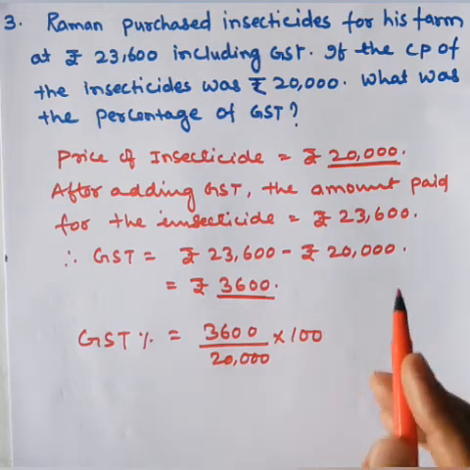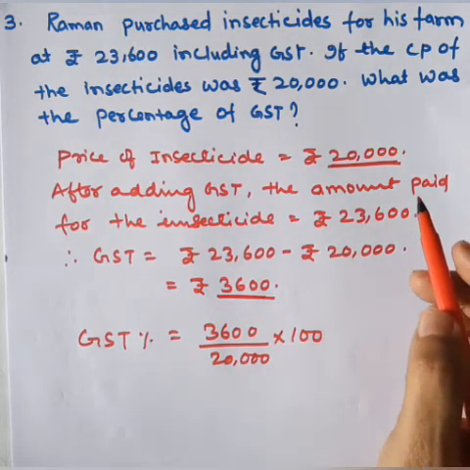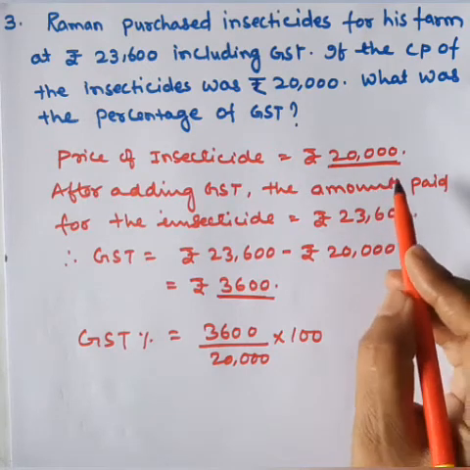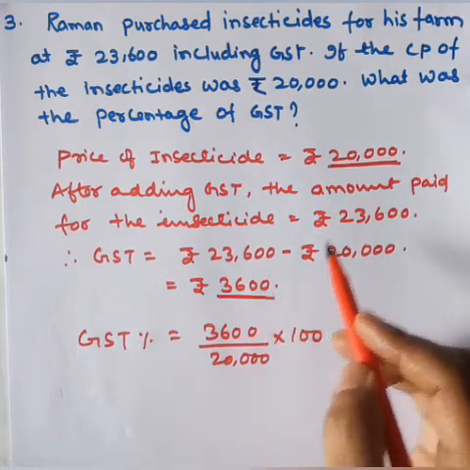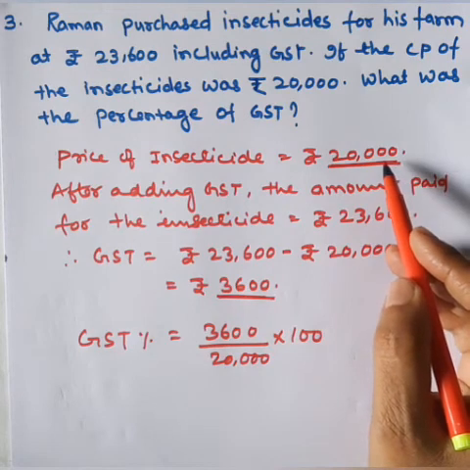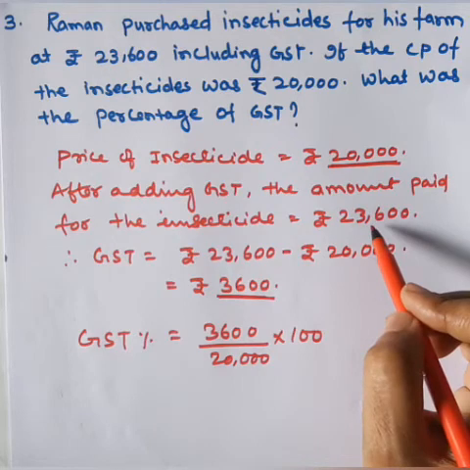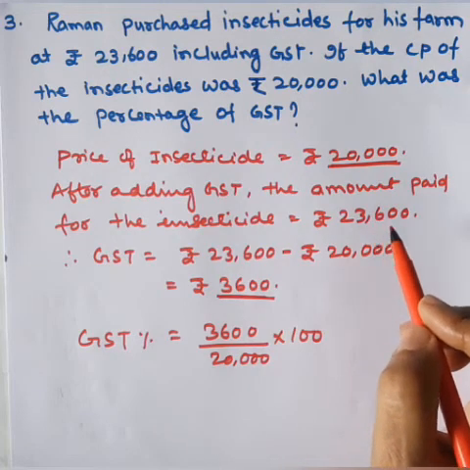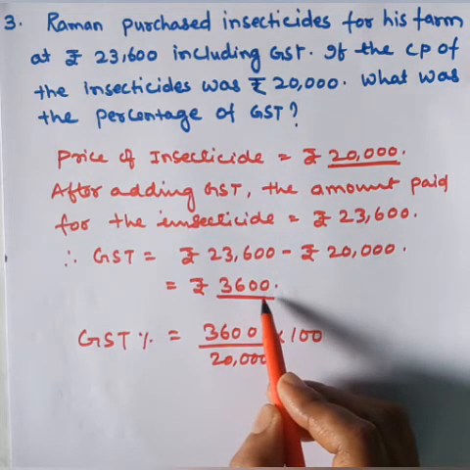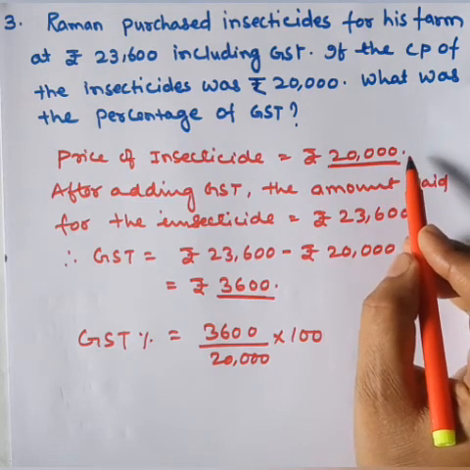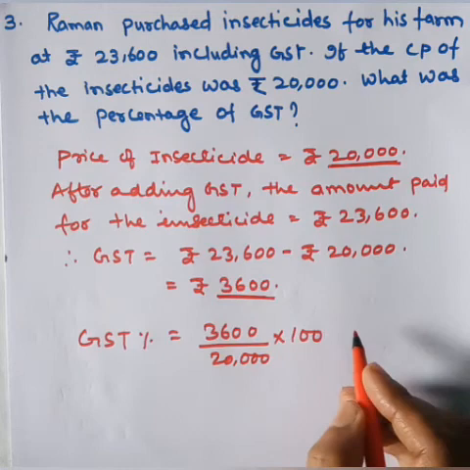Because children, you have to keep in mind here, on what price do we calculate GST? That will be used here. See, 3,600 is over 20,000. When you are adding 3,600 to 20,000, you are getting the price to be paid by the customer. Therefore, whenever you get only GST, the percentage will be calculated on the price of the thing whatever we are purchasing. So here 3,600 by 20,000 into 100.